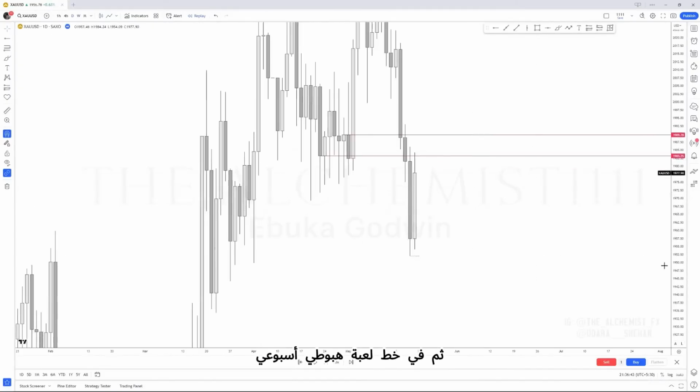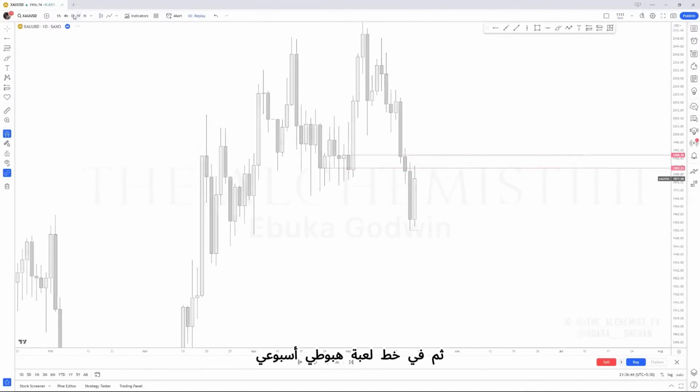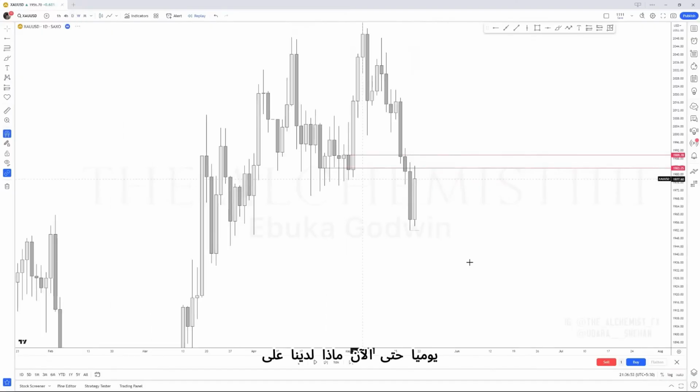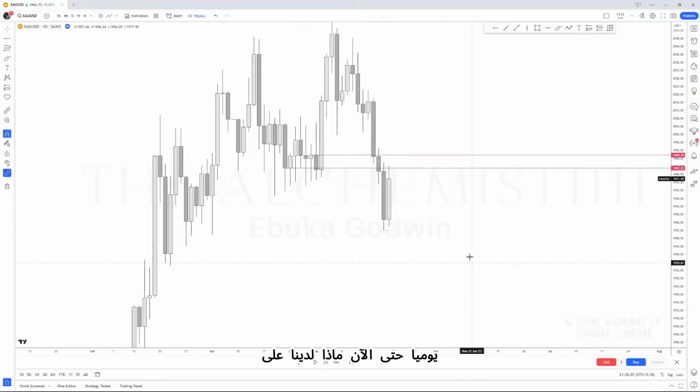And in a weekly bearish storyline, now you know that weekly started a bearish storyline. In a weekly bearish storyline, on what time frame do you have your obstacles? Daily. So now what do we have on the daily? A new support in here and a new support in here.